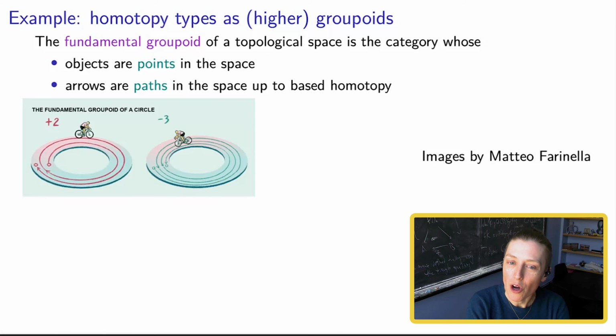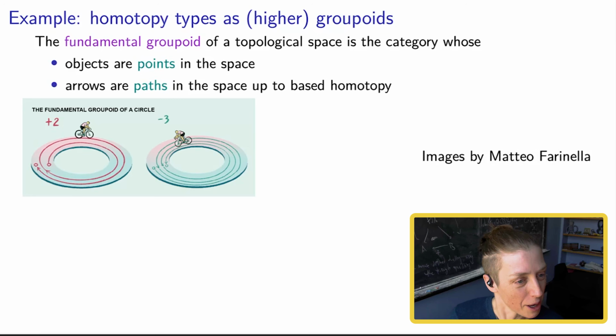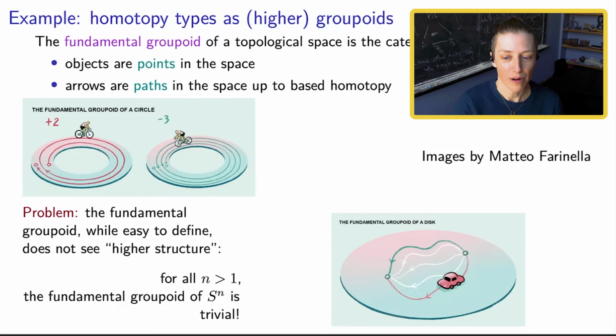And this up to homotopy means really what matters about these paths is how many times they wind around the circle and in what direction. If you change the parameterization a little bit or reverse slightly, but then continue on in the same direction, those things are homotopic, it could be smoothed away by a homotopy. But anyway, those are the objects and paths, and that defines an ordinary category.